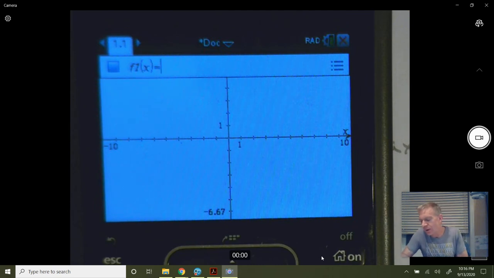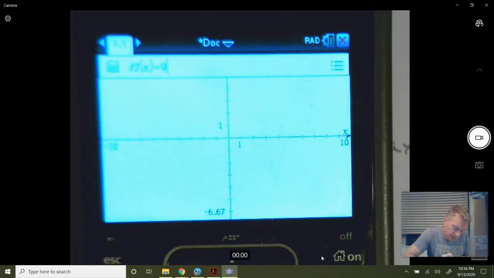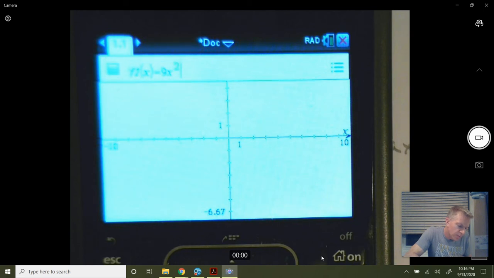So if I were to solve this for y, I've got 9x squared equals y cubed. So y is going to equal 9x squared, and I'll put that in parentheses, and I'm going to raise it to the 1/3.